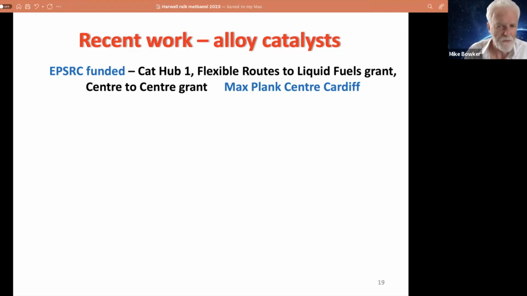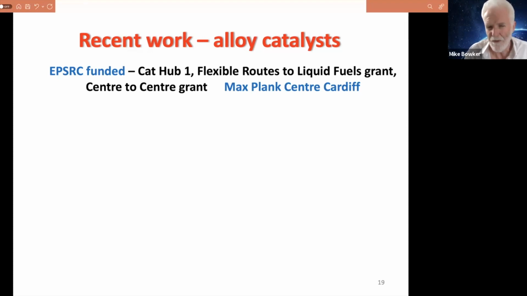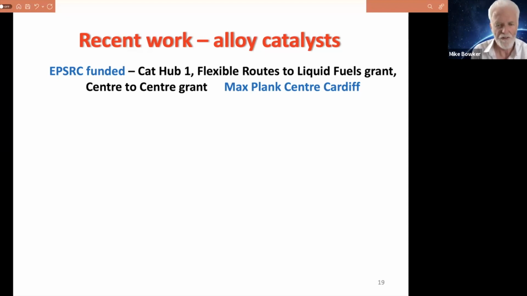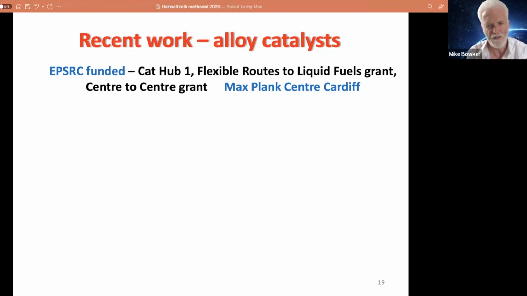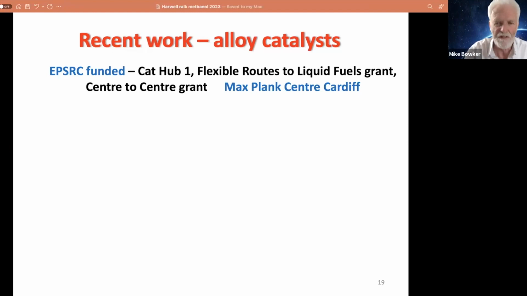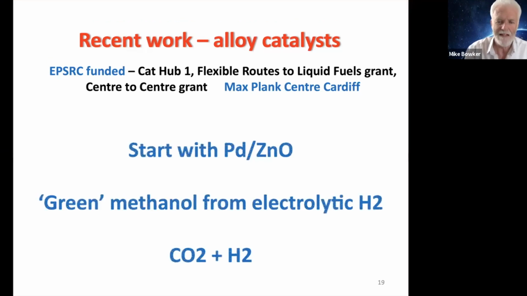We then carried on through work in trying to make new routes to liquid fuels and currently we have a center-to-center grant linking Holland, Germany, and ourselves. And we also recently have initiated a Max Planck Center with the Max Planck Society in Germany. And in all these, we're working through the CO2 hydrogenation problem and trying to make both bimetallic and trimetallic alloys.